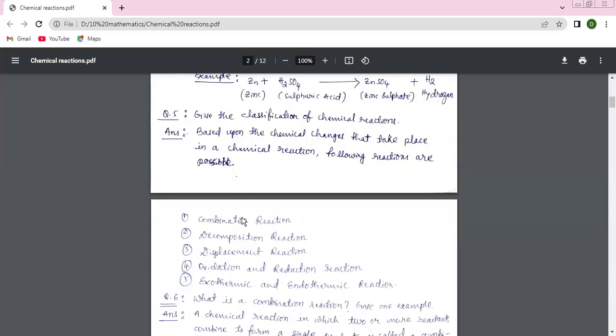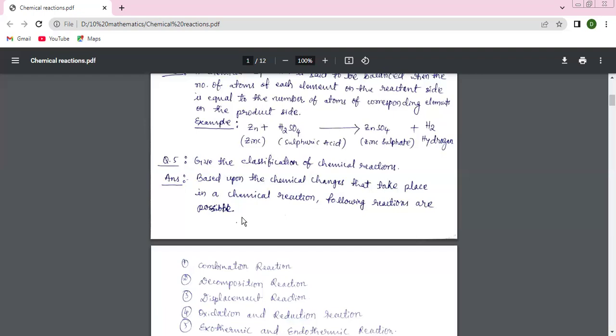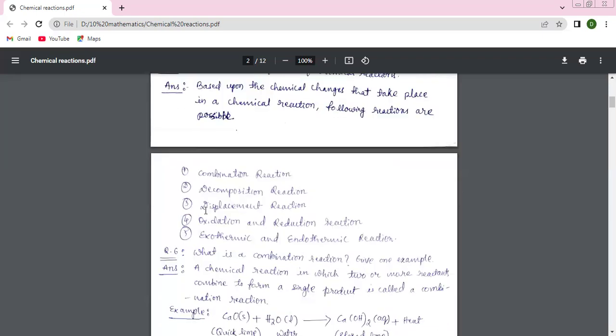When two reactants react with each other, what changes take place on the reactant side and what kind of product is formed? These are the factors depending on which chemical reactions are classified in this way.